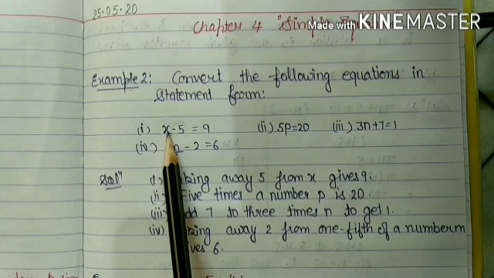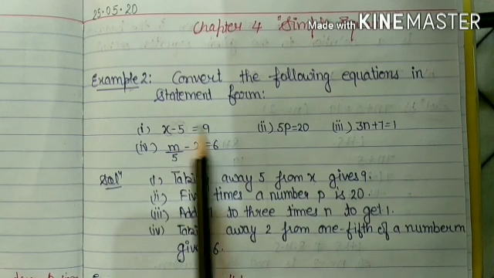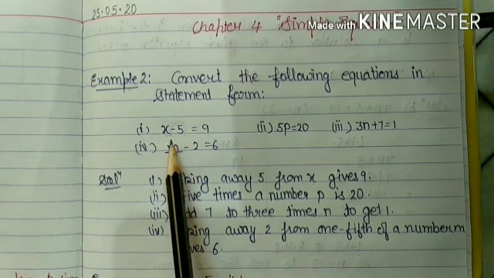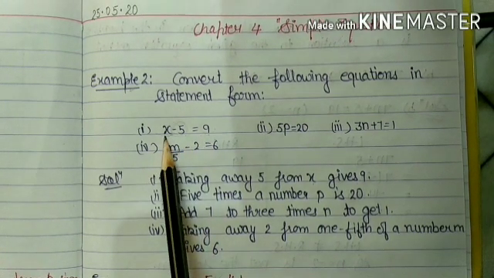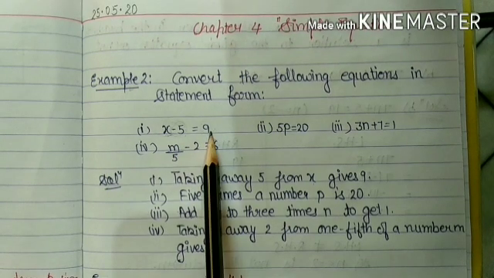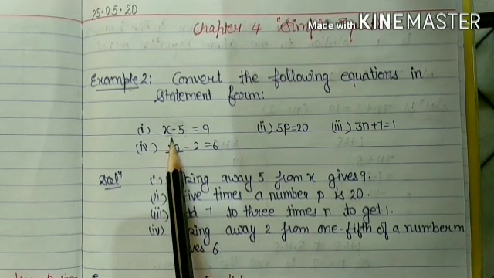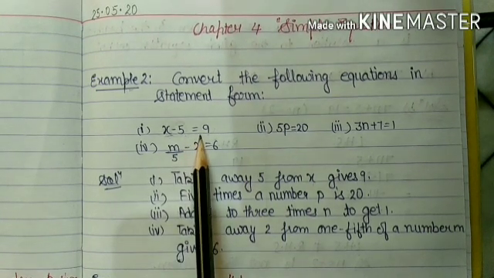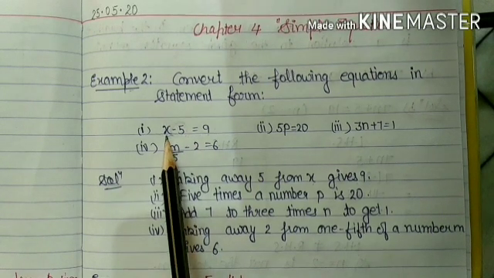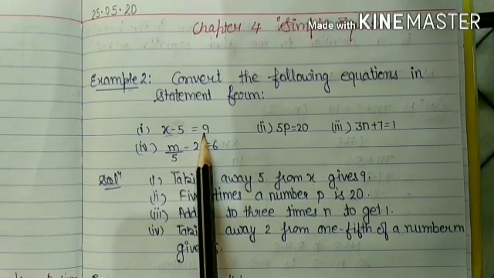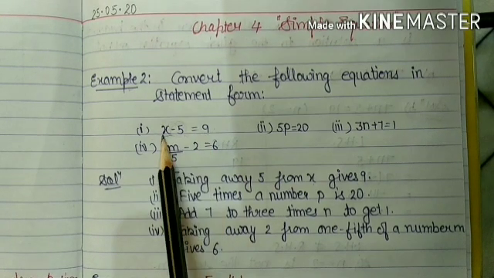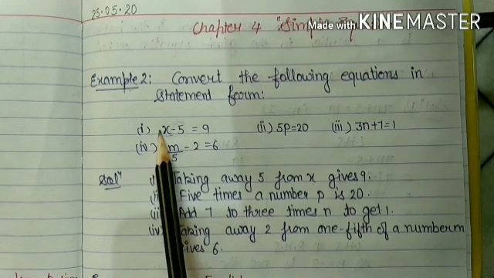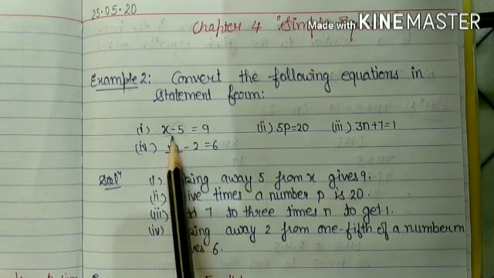Or you can say X is greater than 9, how much greater? 5. Then I can write the sentence like this: the number X is 5 more than 9. X is greater by 5 than 9. Or you can say the difference between X and 5 is 9. So students, you can write in different ways, but the meaning must be according to the given equation.